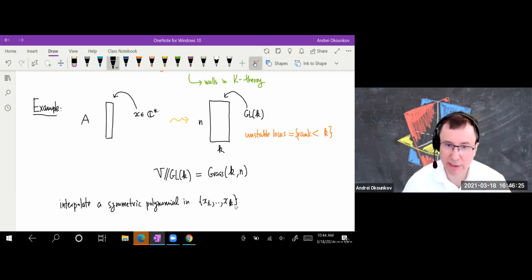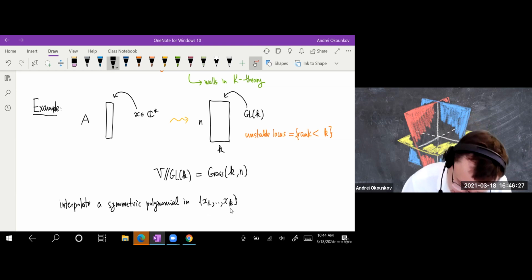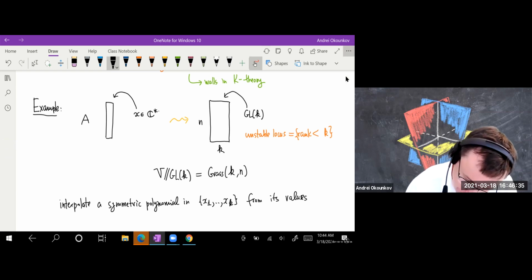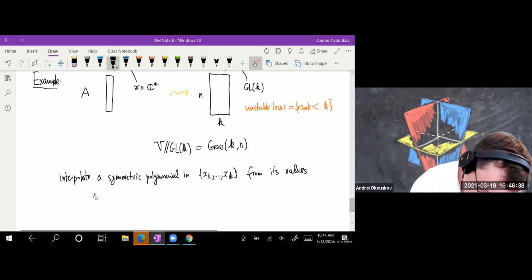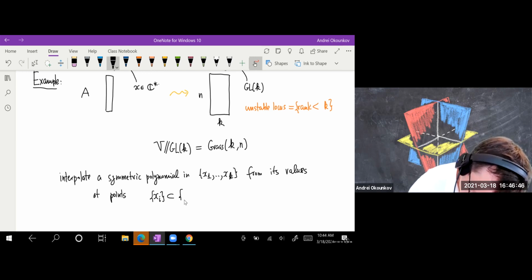Since there's a GLK, we now have a symmetric polynomial in k variables, from its values at points where the xi are a subset of the set A_j.